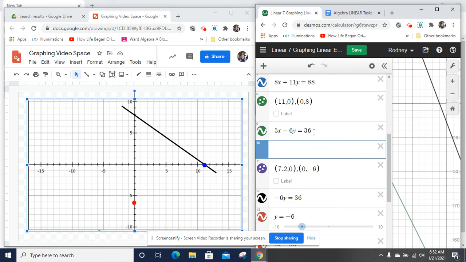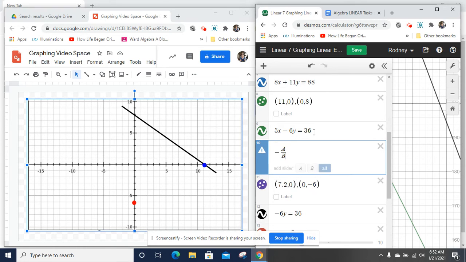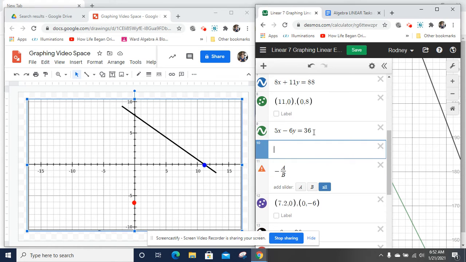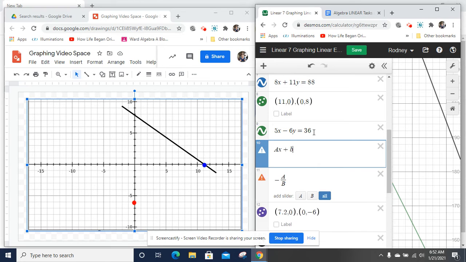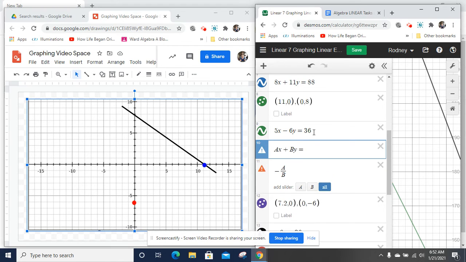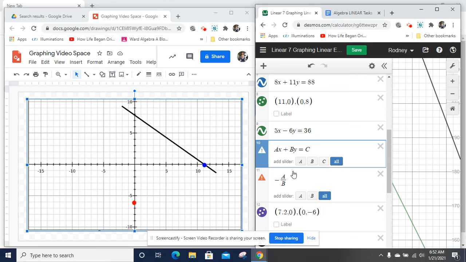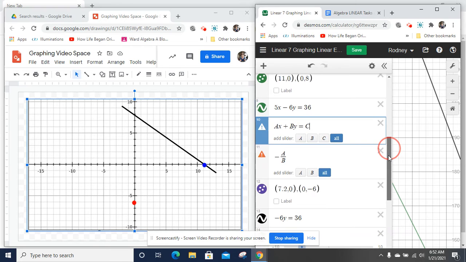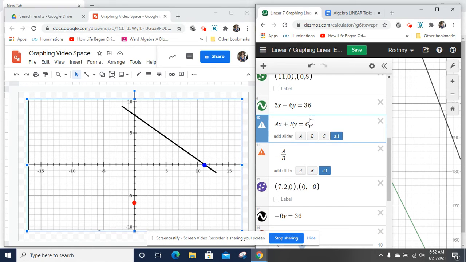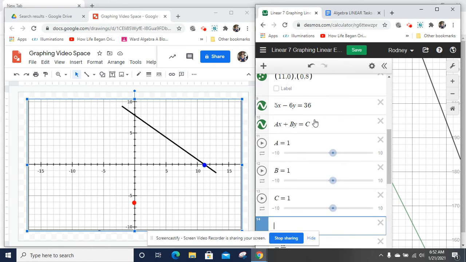It is -a over b, from the ax plus by equals c structure. I talked to you about that earlier, but you can work out how the slope works from the intercepts.